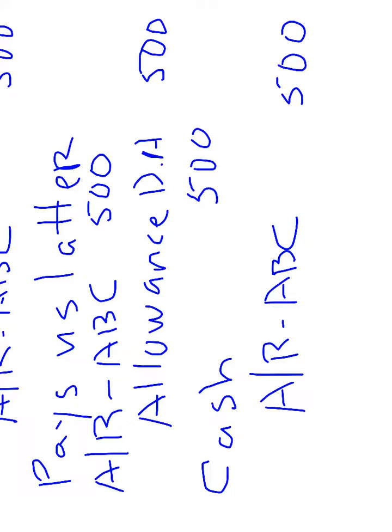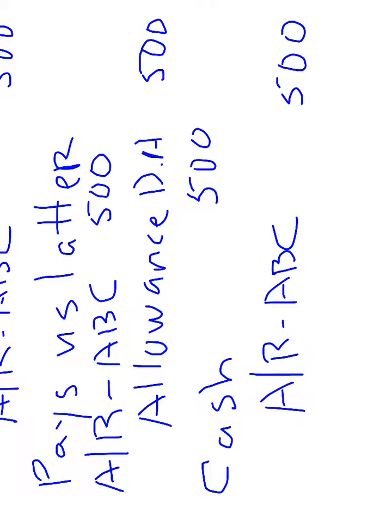Now, the last three entries we made, the write-off and what happens if they pay us later, work for both allowance methods, not just the percentage of sales. They also work for the percentage of accounts receivable and for the aging of accounts receivable.